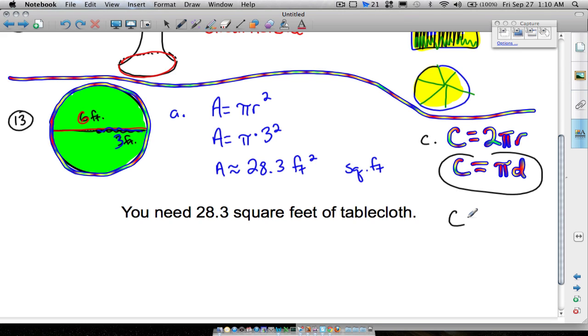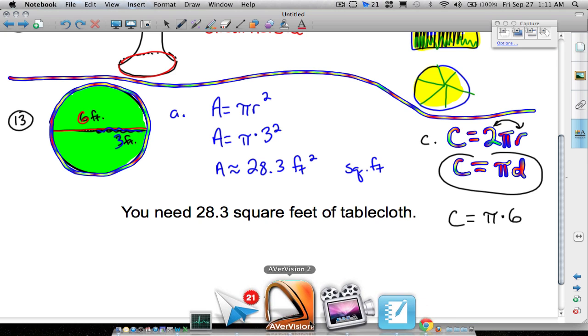So therefore, circumference is equal to pi times 6. Now keep in mind, 2 times r, just to throw this out there, what was the radius? The radius was 3, so 2 times 3 still gives you that 6, whether you wanted to use 2 pi r or pi d. But anyway, here we definitely want to go back to the calculator to crunch this out as well.